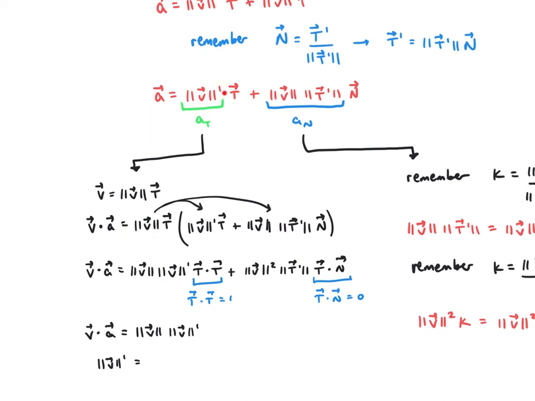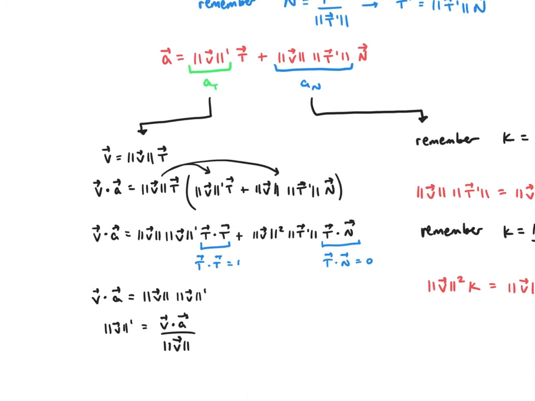We're trying to figure out what this actually means. So we have that equal to V dotted with A divided by the magnitude of V. Now what we have here finally is the tangent component of acceleration.